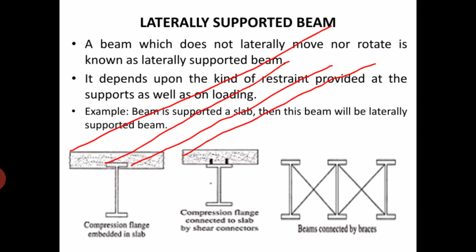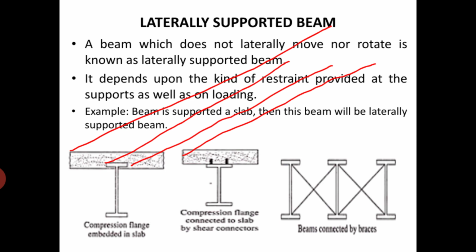And if laterally unrestrained length of the compression flange of the beam is relatively long, then the phenomenon known as lateral buckling or lateral torsional buckling of the beam may take place. Then the beam would have failed well before it attains its full moment capacity.